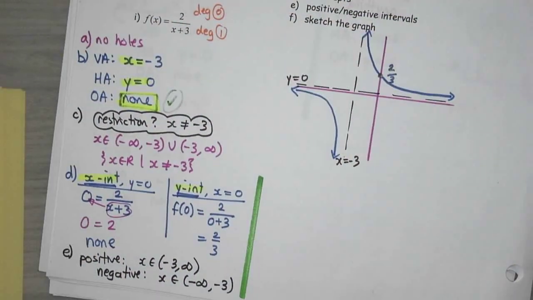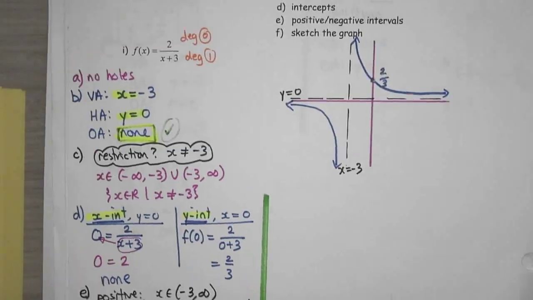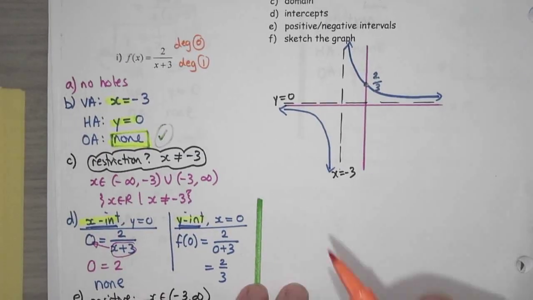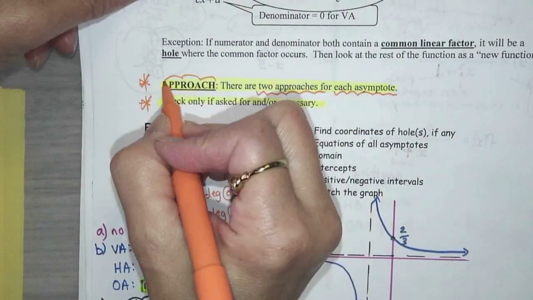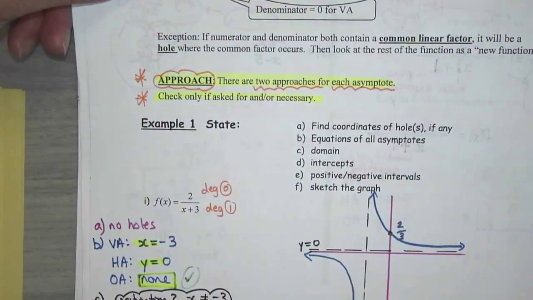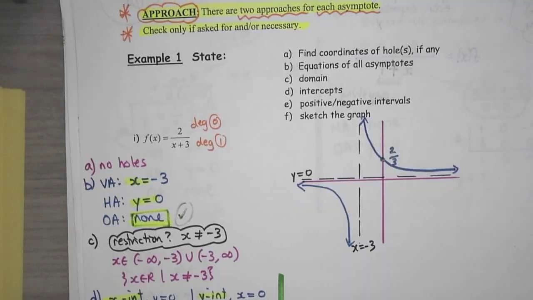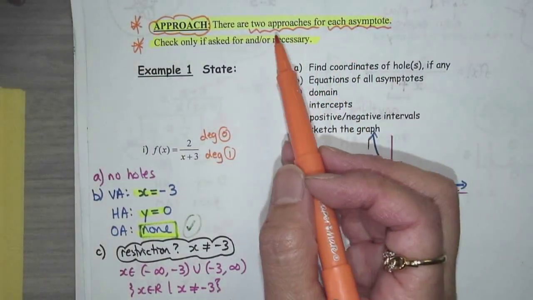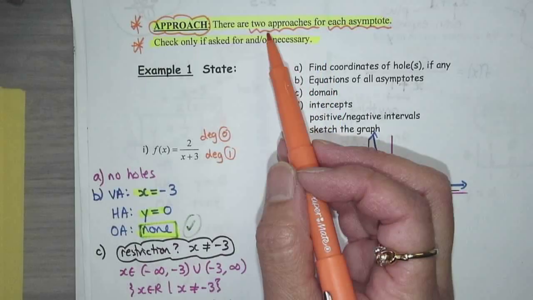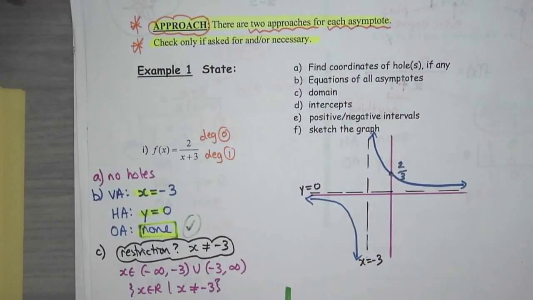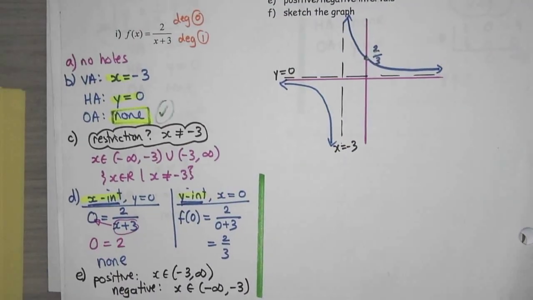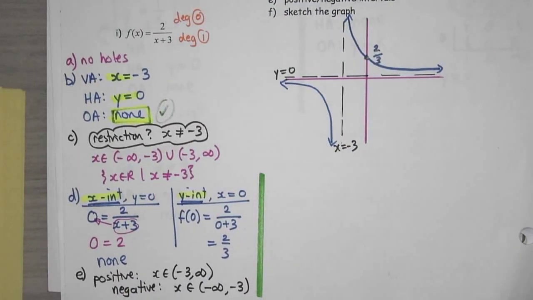Now, the approach. The approach is our last part. So this topic here is called approach. This is the word we're going to use when we talk about this. For every asymptote, there's two approaches. So for instance, for my vertical asymptote, I have two approaches.